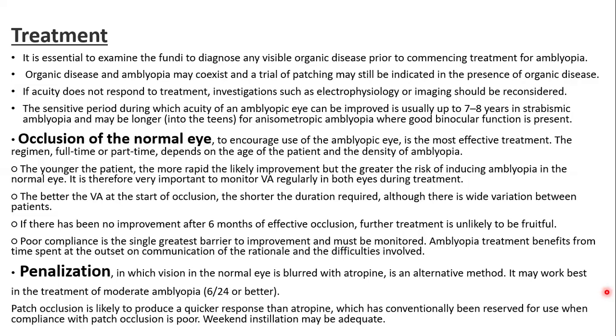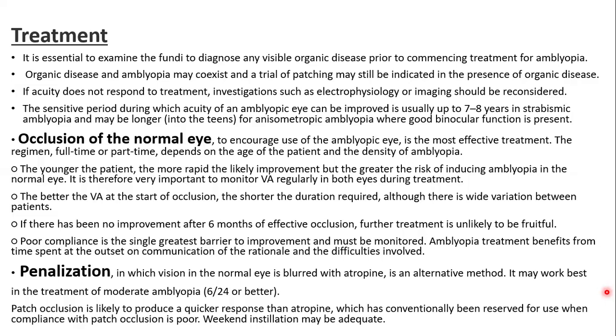With atropine, the vision, even in the good eye, will not drop beyond 6/18. So for the amblyopic eye to improve, it needs to have better vision than the atropinized eye. So for penalization, usually if the vision is 6/18 or better, it can work.